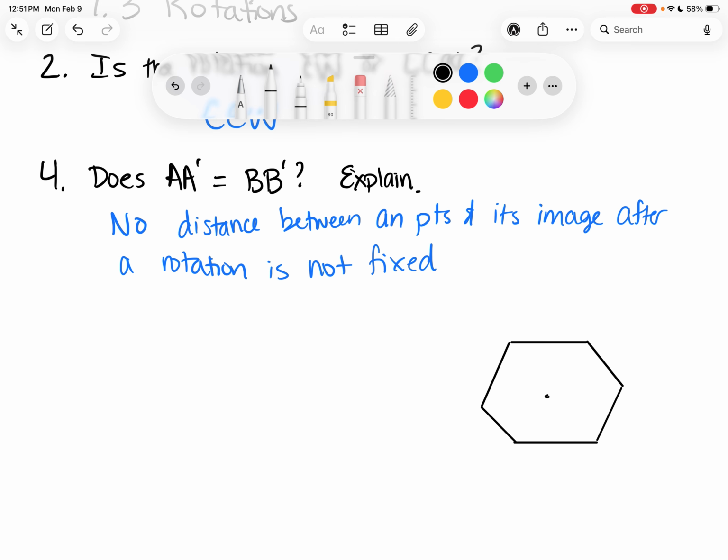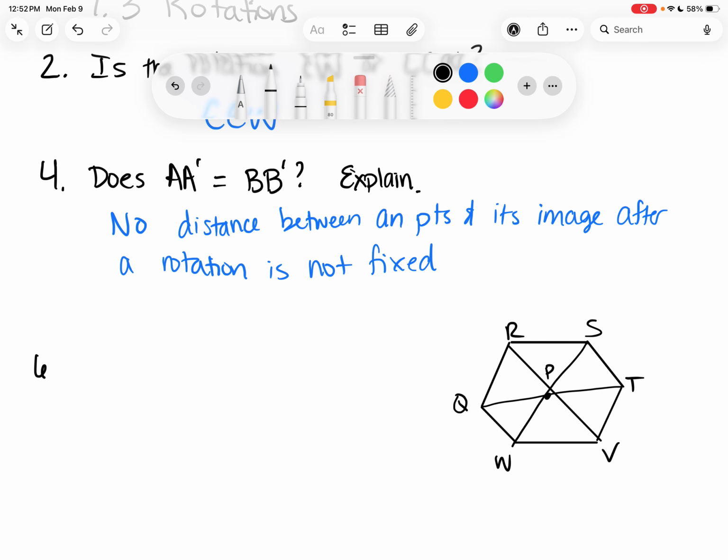Close enough. So it looks like that. And so it says the diagonals of the regular hexagon below form 6 equilateral triangles. Use the diagram to complete the sentence.